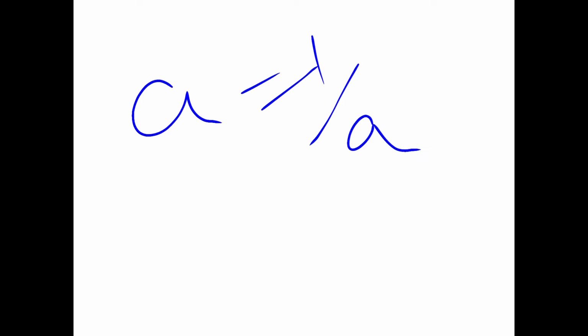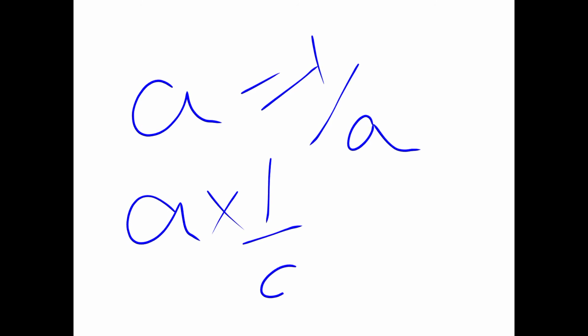Say the reciprocal of a number a, of a rational number a, is 1 by a. This is because when we multiply a number with its reciprocal, we will always get 1 as the answer.